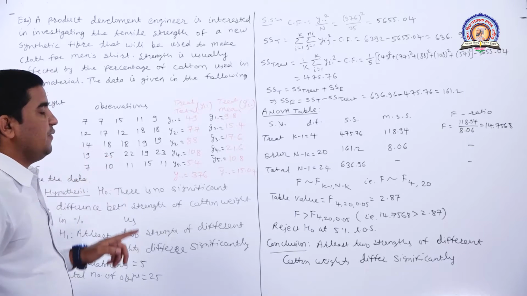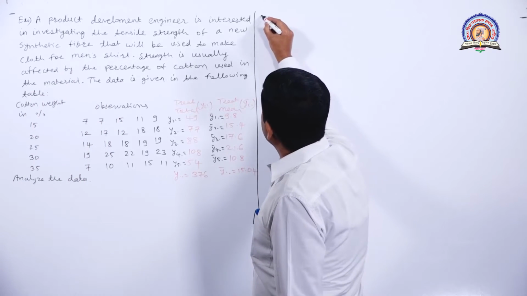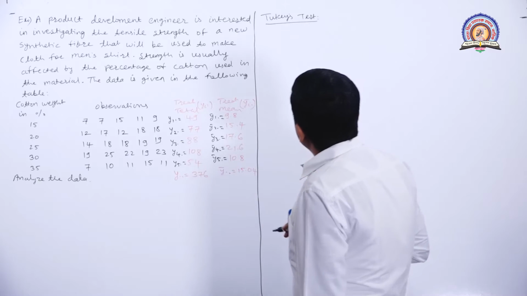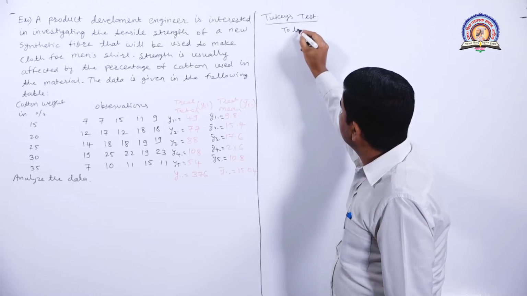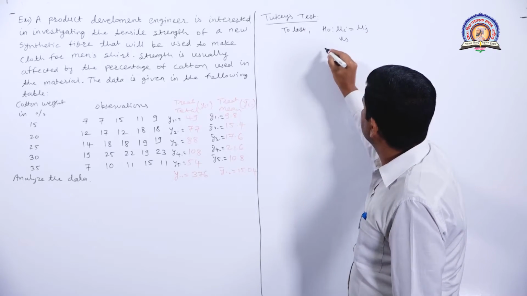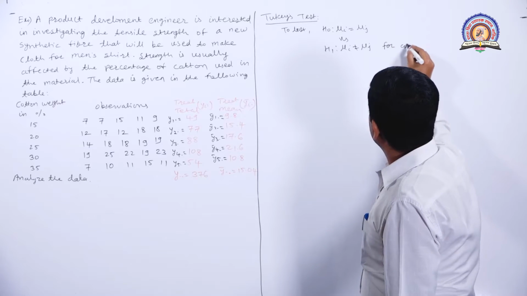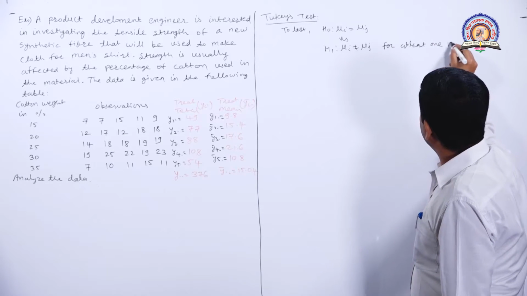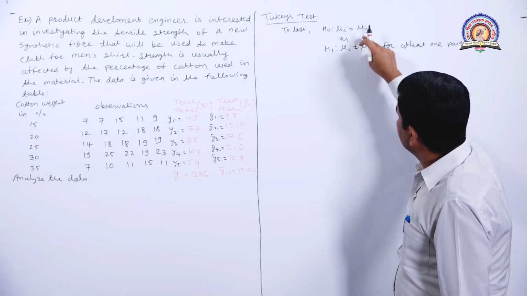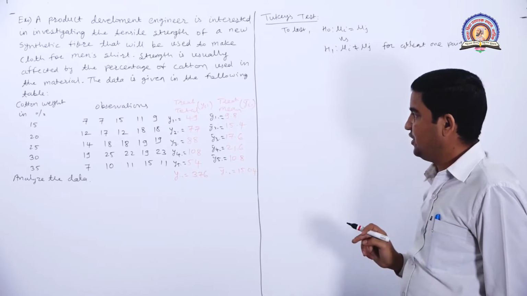All these pairs will be tested by the Tukey's test. In Tukey's test, we test H0: mu i equals mu j versus H1: mu i is not equal to mu j for at least one pair i, j. So for pairwise comparison, Tukey's test is used.